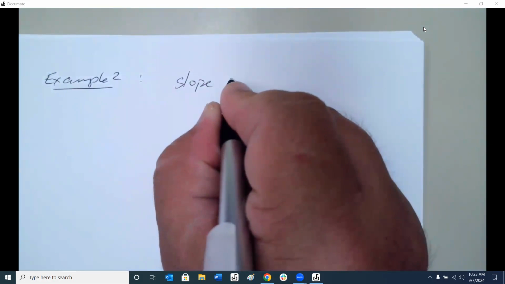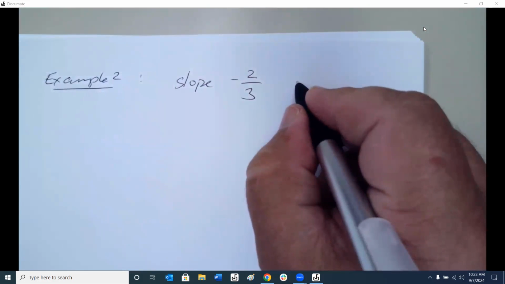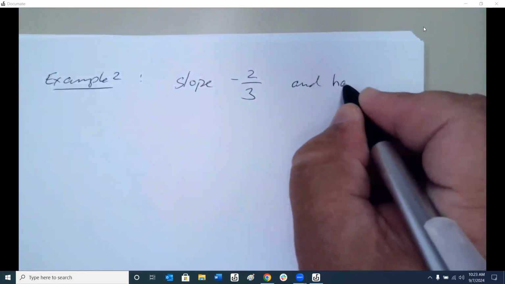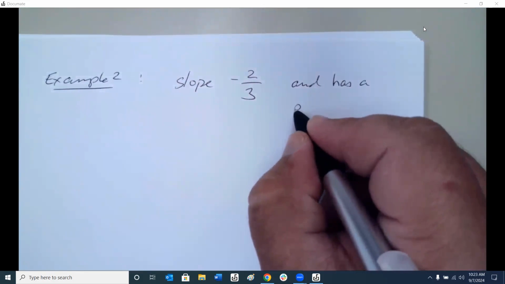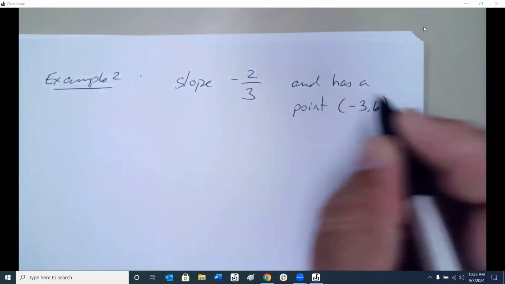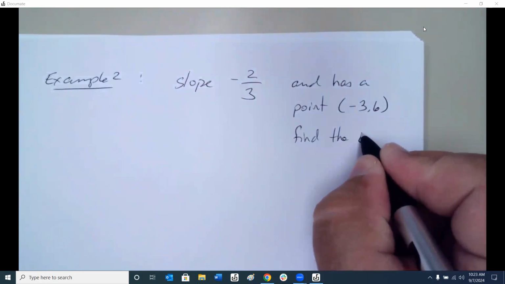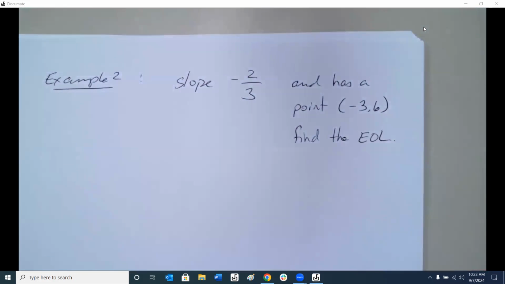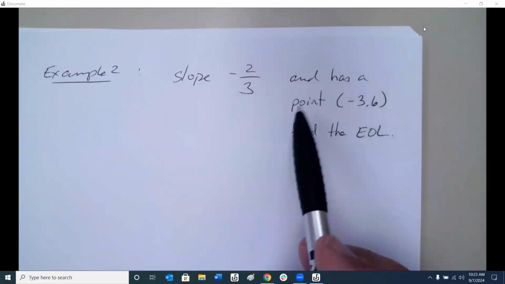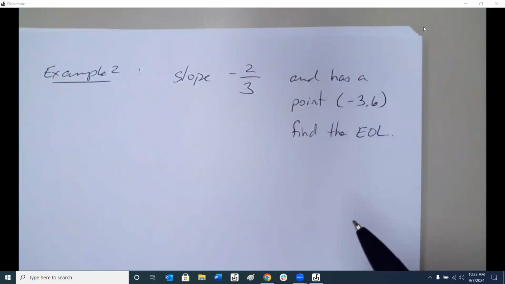The slope of this line is -2/3 and it has a point -3, 6. So a line has a slope -2/3 and has a point -3, 6. Find the equation of the line.